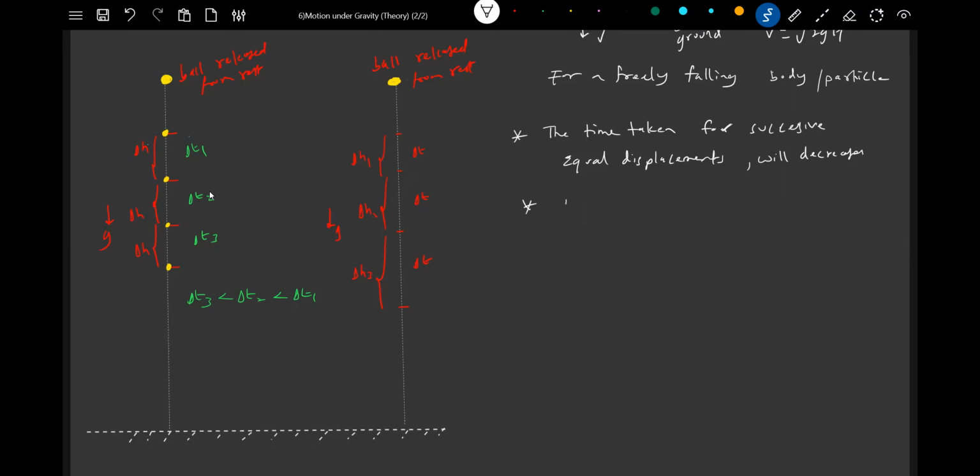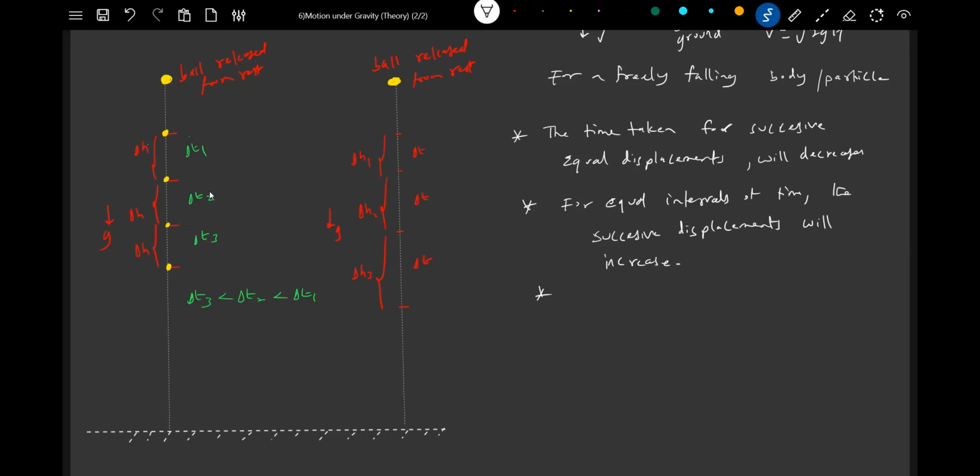Next again, for equal intervals of time, the successive displacements will increase.